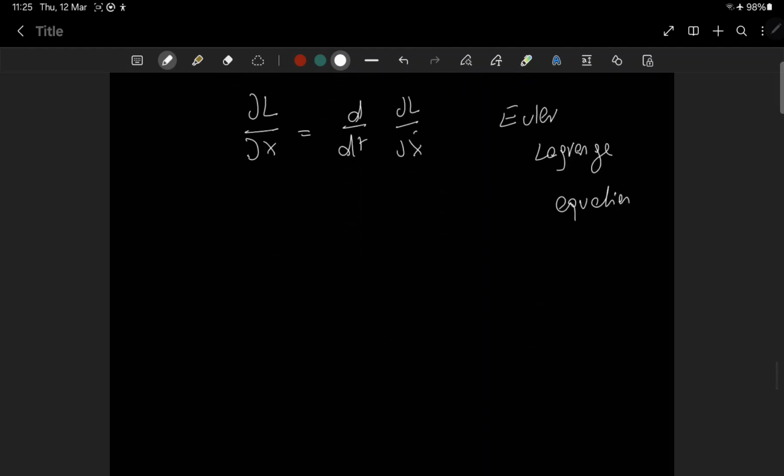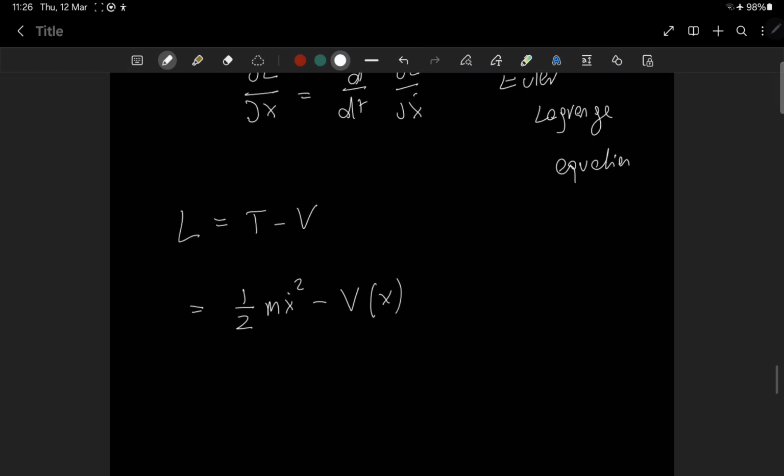And now what happens if we want to explain Newton's second law, remember? We say that the Lagrangian is the kinetic energy minus the potential energy. The kinetic energy is usually 1/2 m x dot squared, minus the potential, which is usually a function of x.